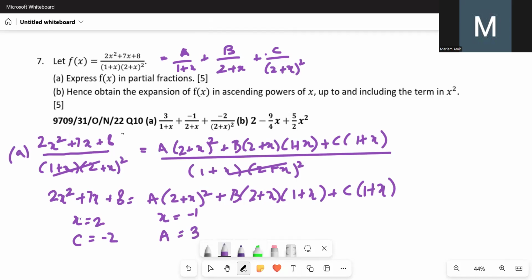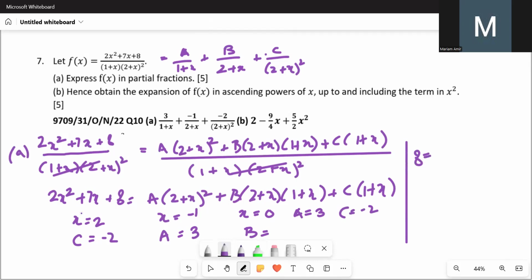Now I need another value of x to get b. We can take x equal to 0, the simplest case, and substitute the values of a and c that we got. This will give us the value of b. So let's see what we get. When x is 0, the left-hand side is 8.